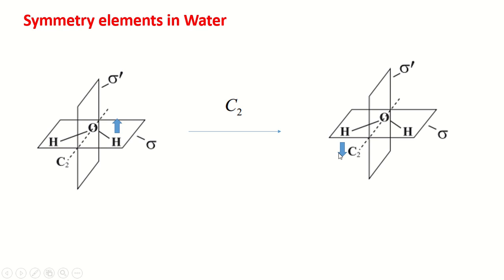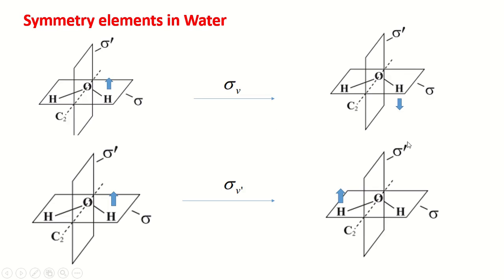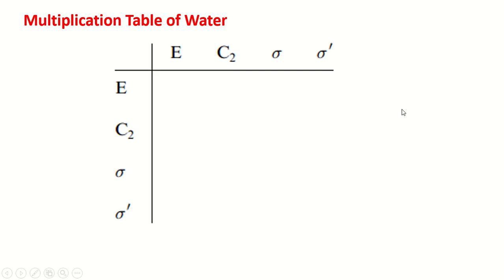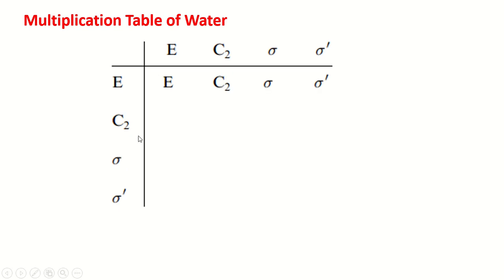So the arrow from this hydrogen looks like an arrow downward on this position. This is the product of sigma. So after applying the C2 operation to a molecule and then sigma dash, the result would be sigma.